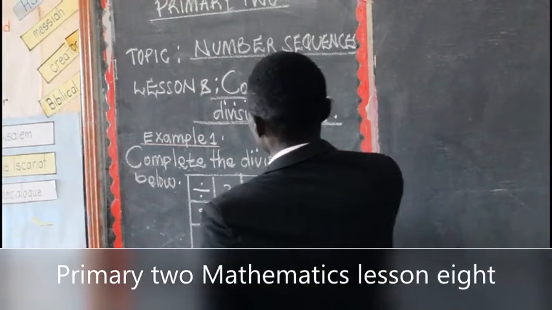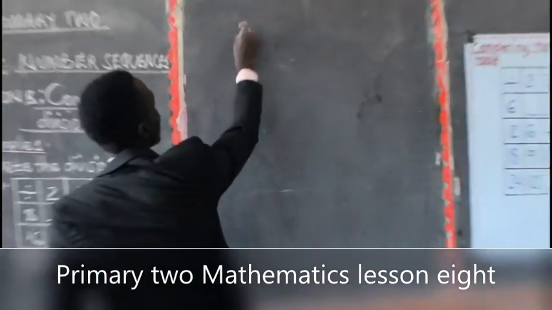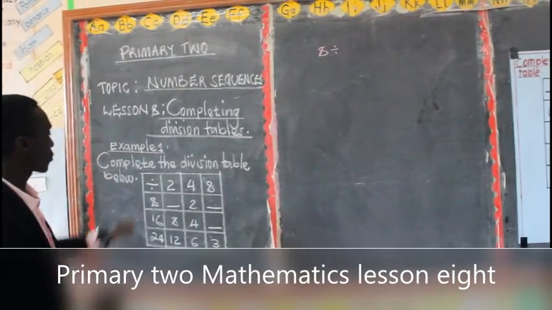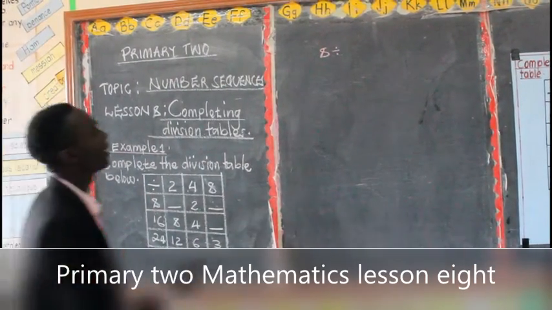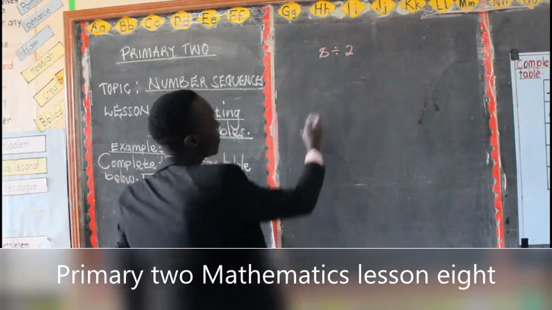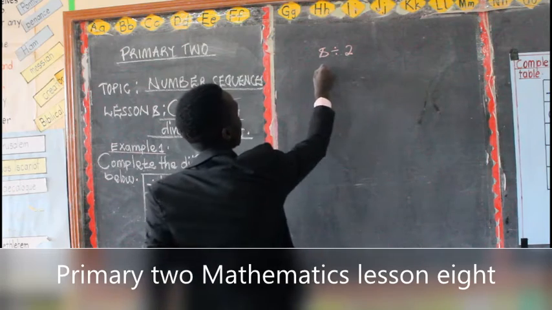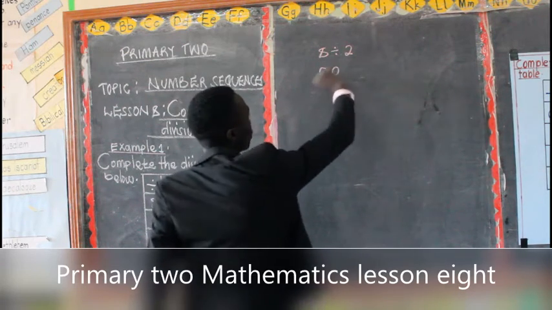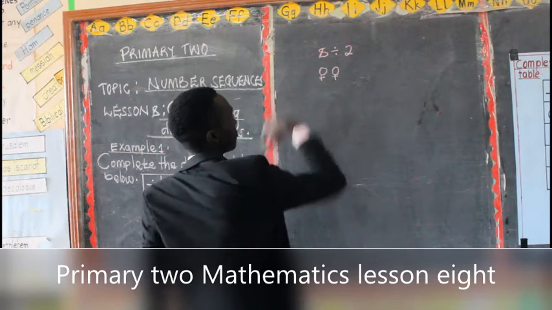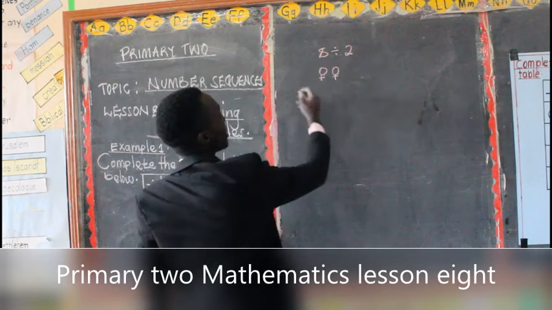We shall say, space number 1, it is 8 divided by these 2. What do you get? 8 divided by 2, you will just get 4. Assume that these are children, and you divide them among 2.